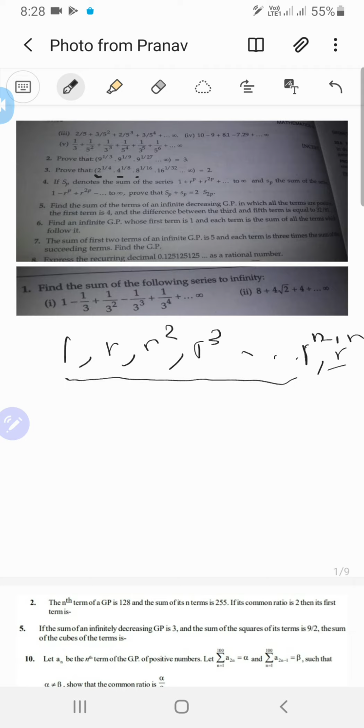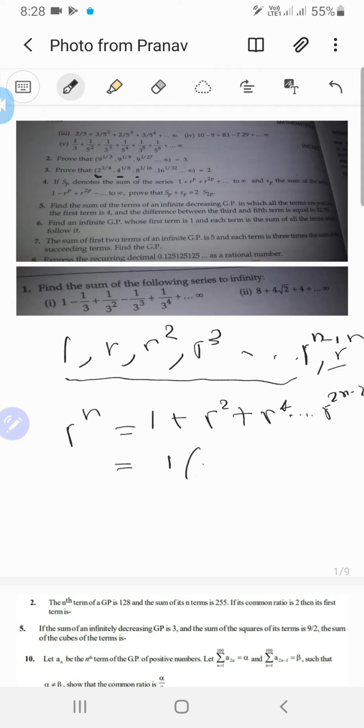Let's just see what we get. So r to the n is going to be equal to the sum of the squares of these things, which is 1 plus r squared plus r to the 4th all the way till r to the 2n minus 2. So the first term is 1, the ratio is r squared.